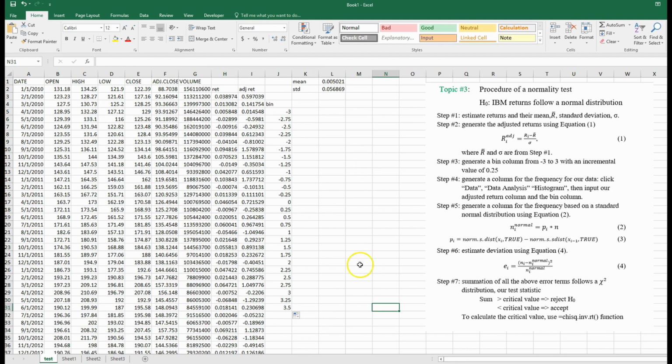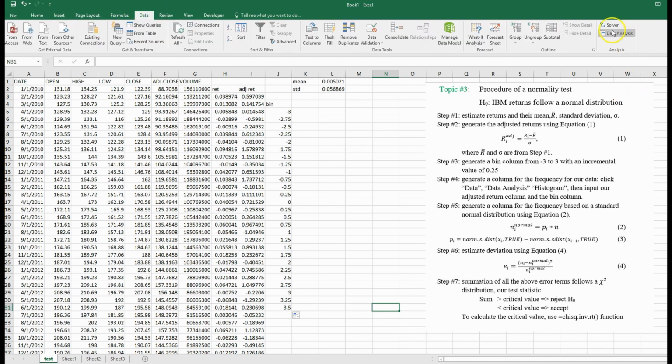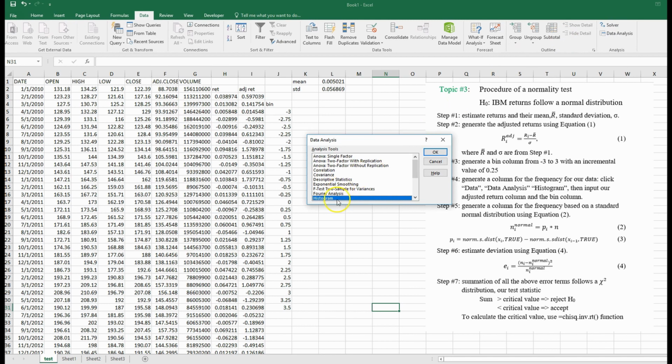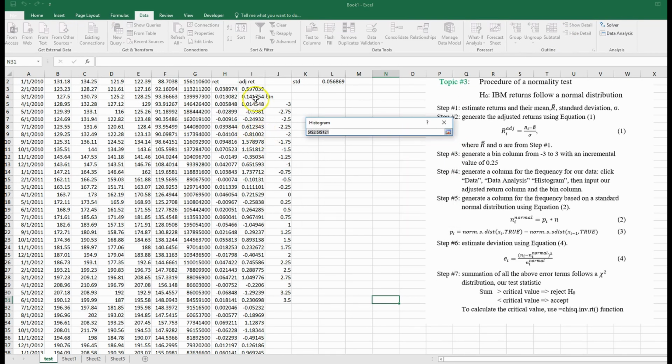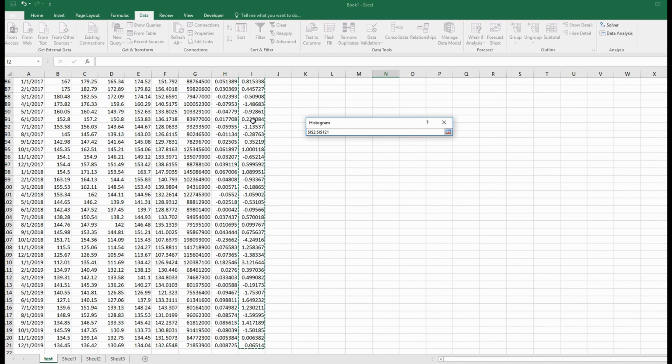Step 4, we generate a column called frequency for our data. So data analysis, histogram. We click data analysis and choose histogram. The first column will be our adjusted return column. Control Shift down.